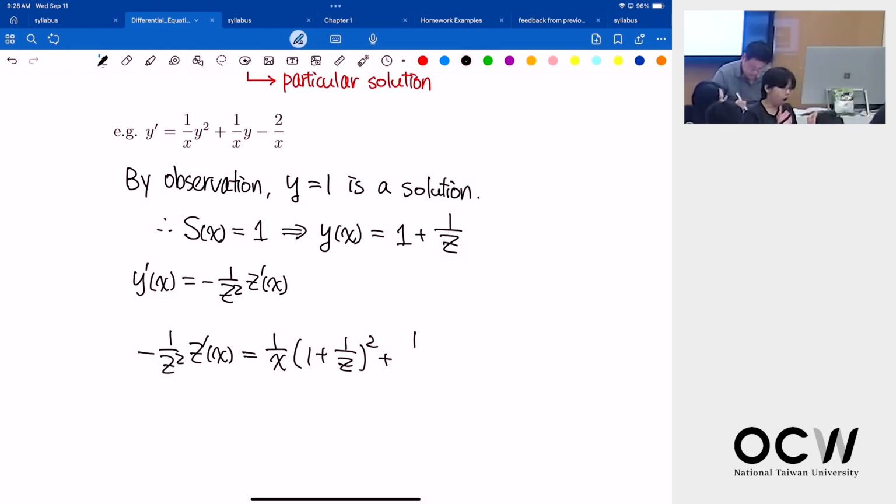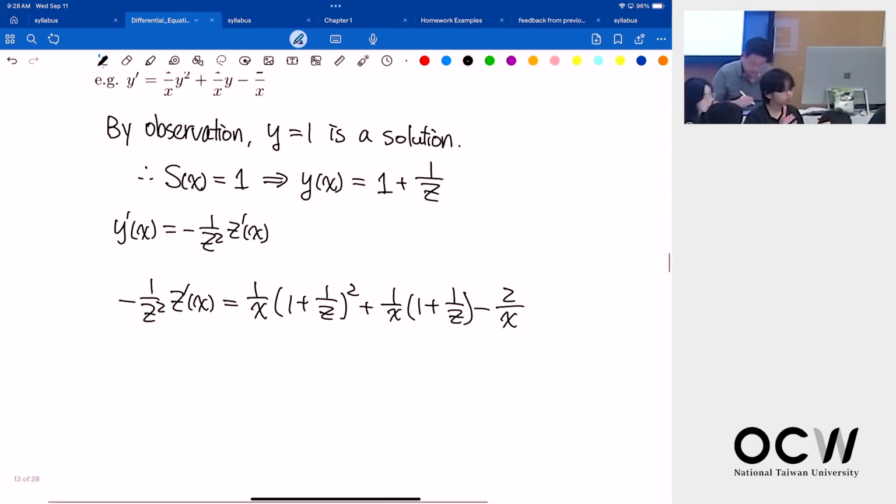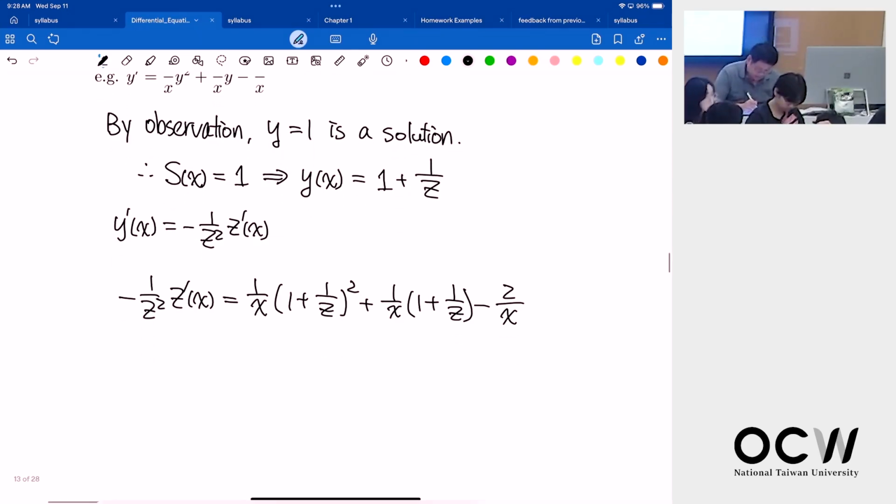And also the second term, 1 over x times y, where y is 1 plus 1 over z, minus 2 over x. Then let's rearrange this. You have z prime plus 3 over x z equals minus 1 over x.